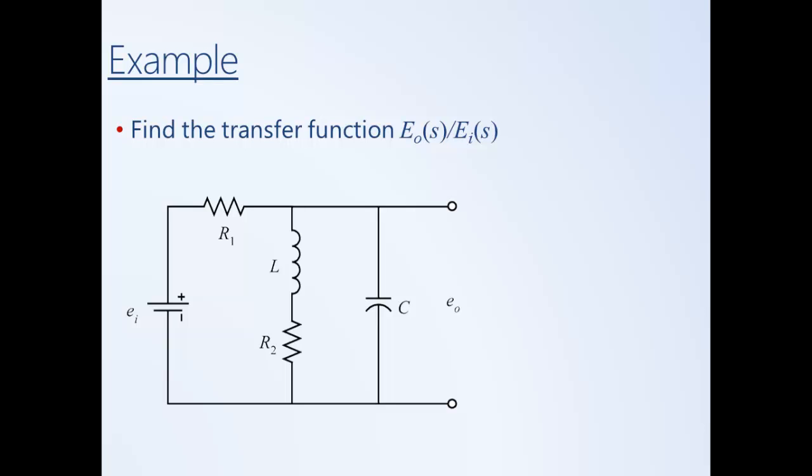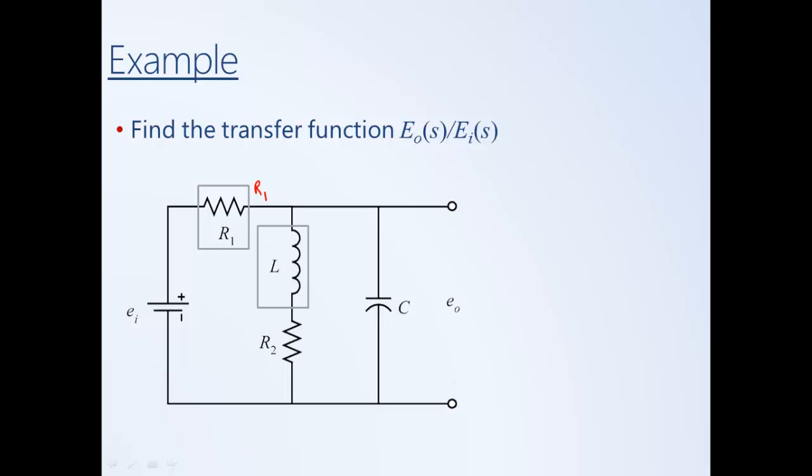and so we'll go ahead and demonstrate that approach here. The first thing we need to recognize is what are the complex impedances of the individual components. If you recall, the complex impedance of a resistor is just its resistance. So the impedance of this resistor is just R1. Recall what the complex impedance of an inductor is.